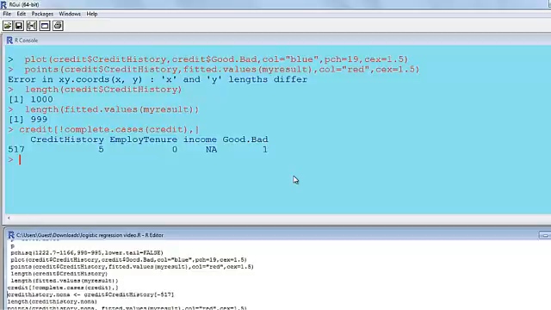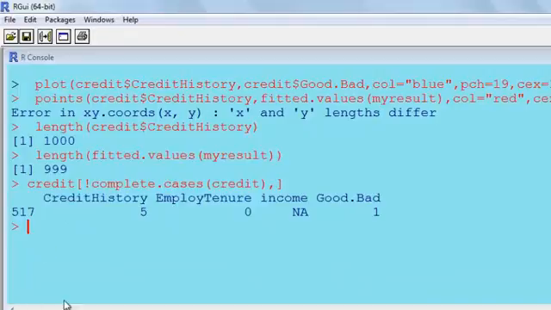What does complete.cases do? It gives you all those rows or observations where there is no missing value. So when I negate it, I get all those rows where we have missing values. In this particular case, for this data frame credit, I can see that row number 517 has a missing value, and this is the reason this particular row was not taken into account when the model was formed, and we are getting a different length.